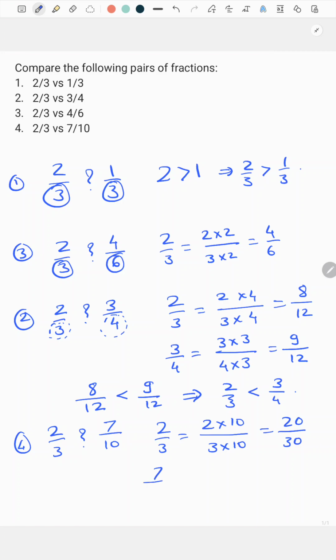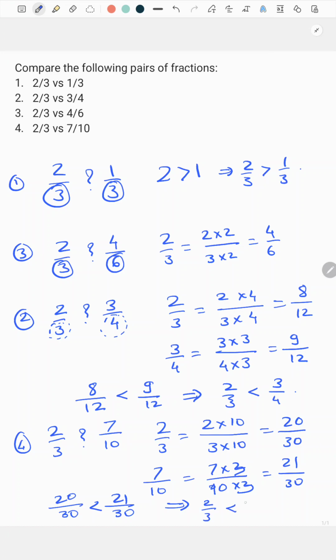And same thing for the second fraction. 7/10 is equal to 7 times 3 divided by 10 times 3, which is 21 divided by 30. So we have 20 divided by 30 less than 21 divided by 30, which means 2/3 is less than 7/10. That's it.